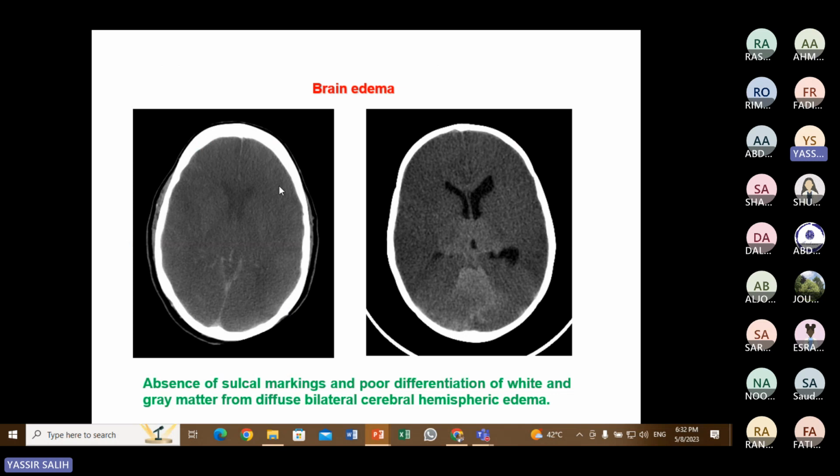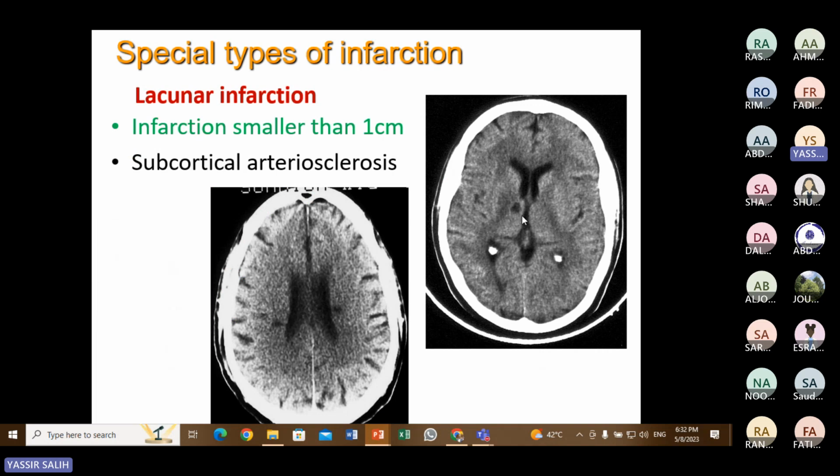The sulci are effaced, with absence of sulcal marking, and also there is poor differentiation between white and gray matter. We know this is gray matter and this is white matter. White matter is darker because it contains fat. This is gray matter. This is the interface between the gray and white matter.